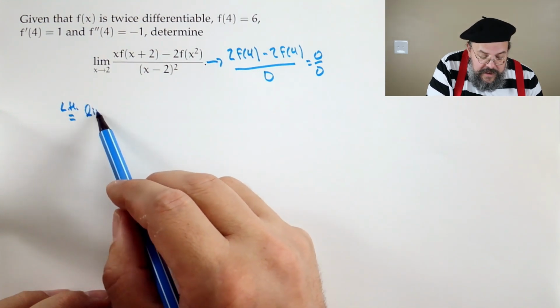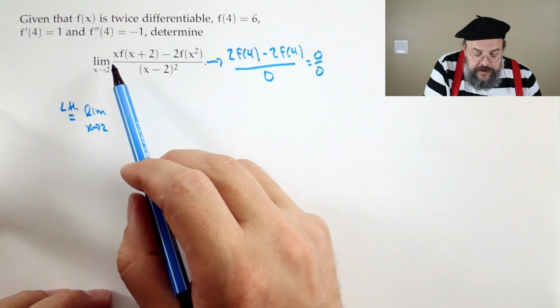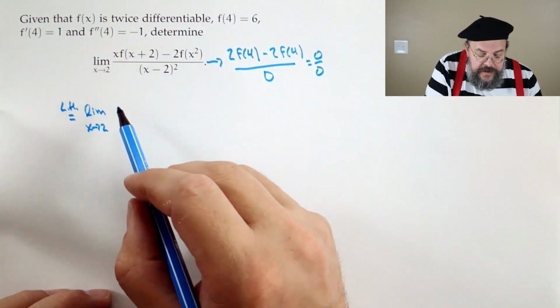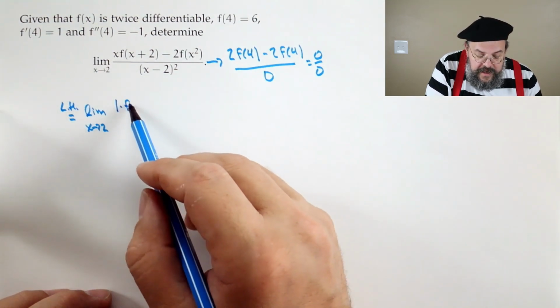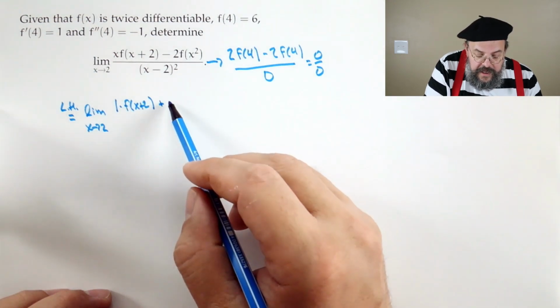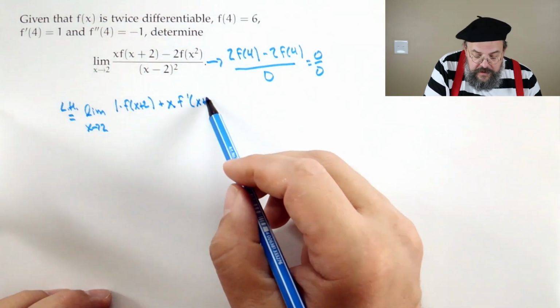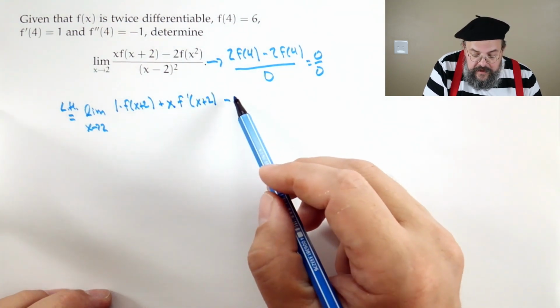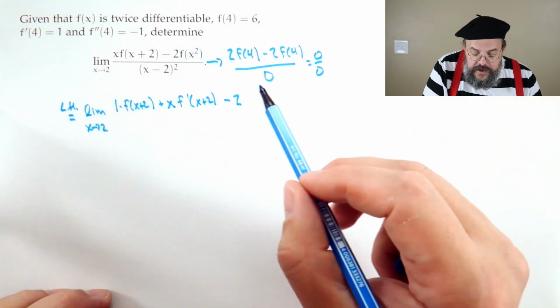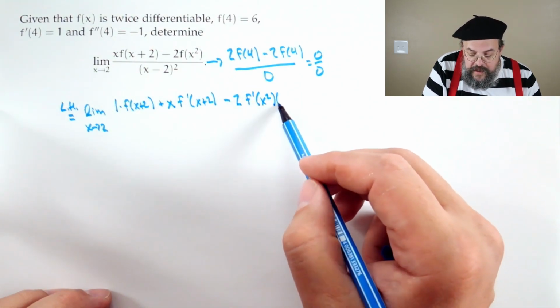So this is our limit as x approaches 2, and so take the derivative of the top, product rule. Derivative of the first, 1 times the second, f of x plus 2, plus the first, which is x, times the derivative of the second, f prime of x plus 2. Then minus 2, here use the chain rule, f prime of x squared times 2x.